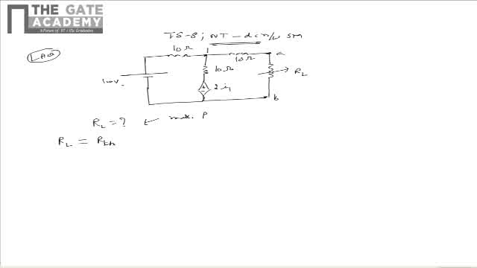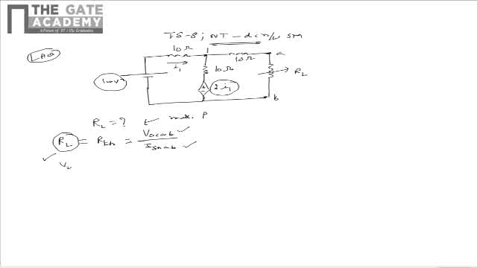As the circuit contains an independent source and a dependent source, RTH can be written as VOCAB, that is the open circuit voltage between terminals A and B, divided by ISHAB, that is the short circuit current flowing between the terminals A and B when these two terminals are short circuited. We need to find out VOCAB and ISHAB. Based on this, we can find the RL for maximum power dissipation.